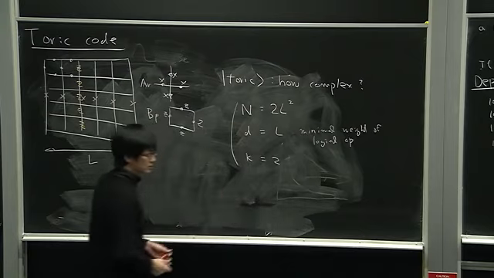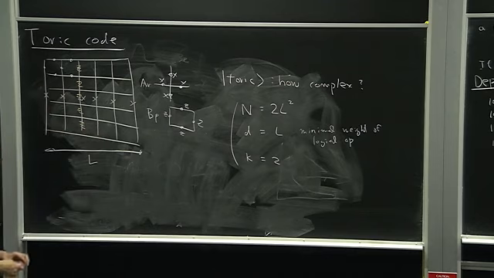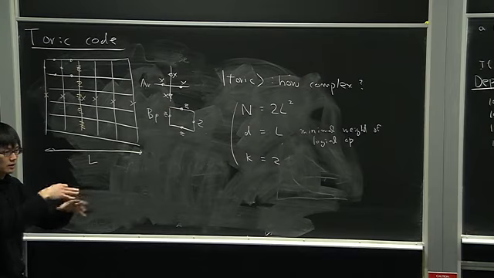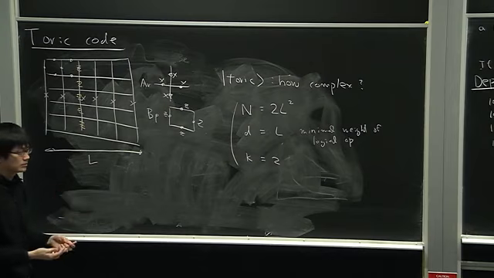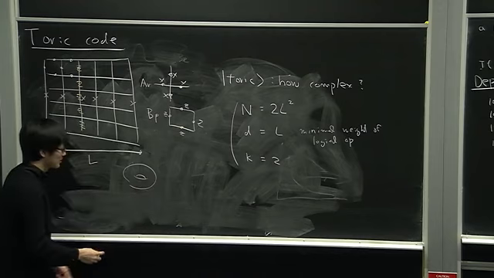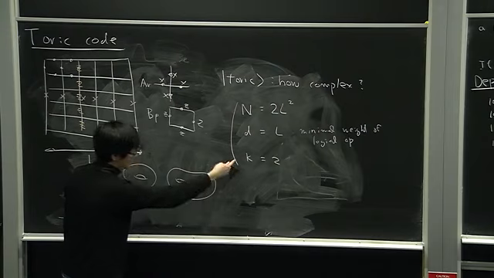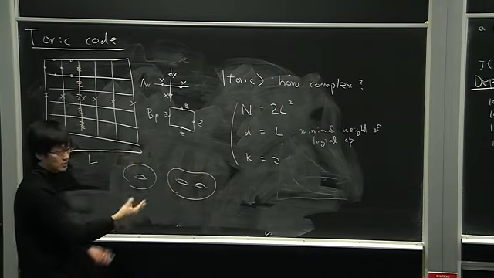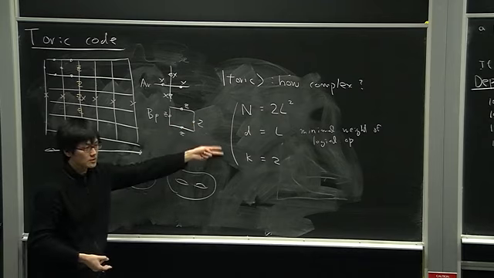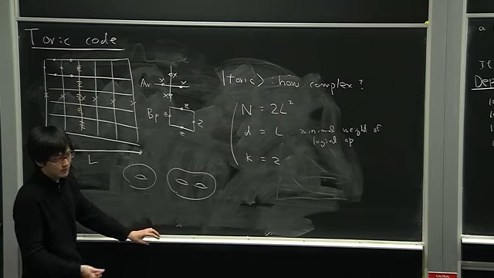So these are the parameters for this particular geometry of a square lattice with periodic boundary condition, or torus. But if you modify the geometry a little bit, then you can. So this is a torus in the sense that it is a donut. But if you increase the number of holes, then you can increase k, and there are some interesting trade-offs between these parameters and so on. But these are more detailed stories. I mean, of course, it's very important.